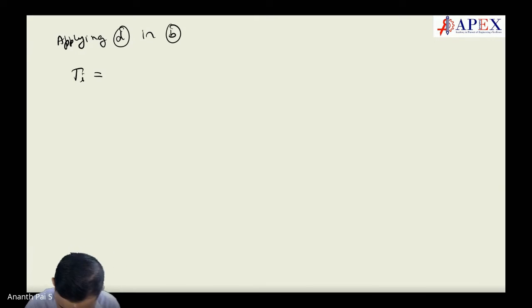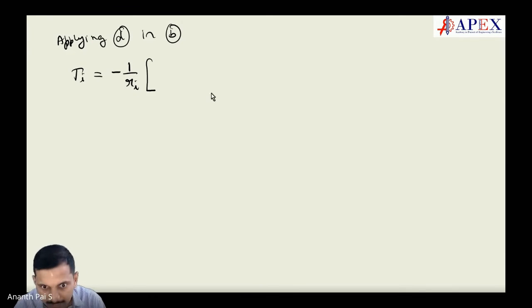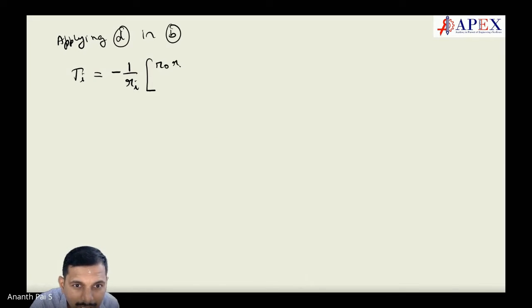Ti is equal to minus 1 by Ri into C1, which will become equal to R naught Ri divided by R naught minus Ri, correct?